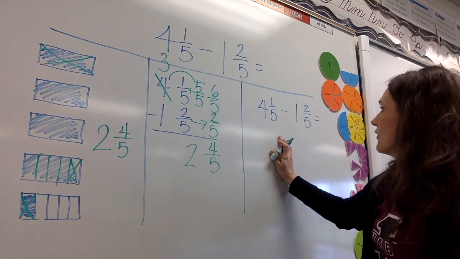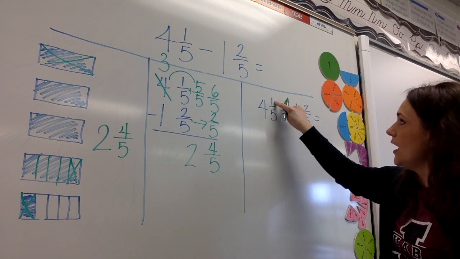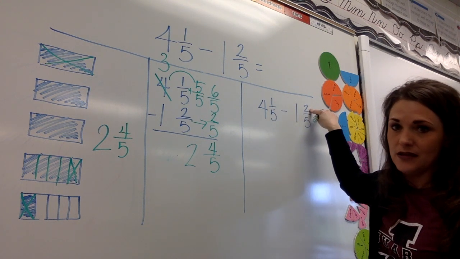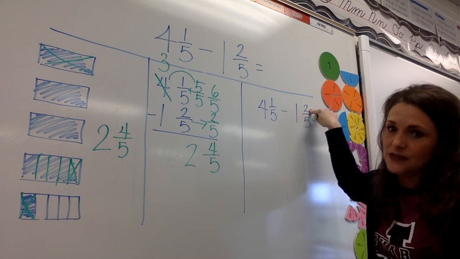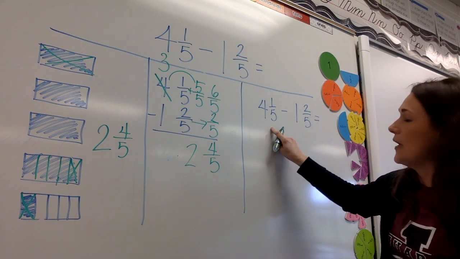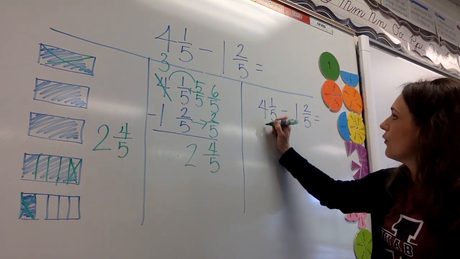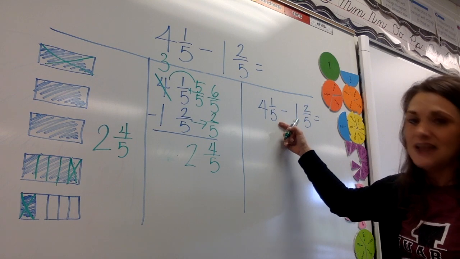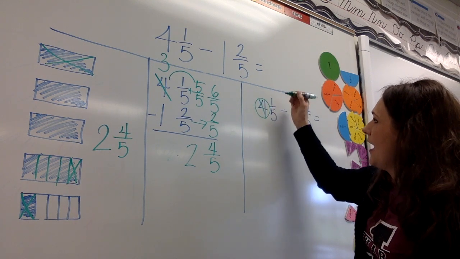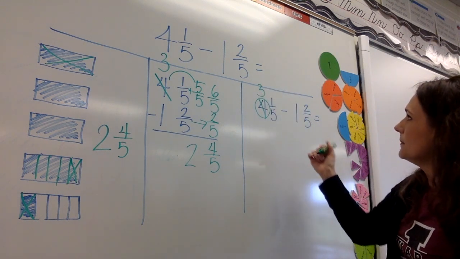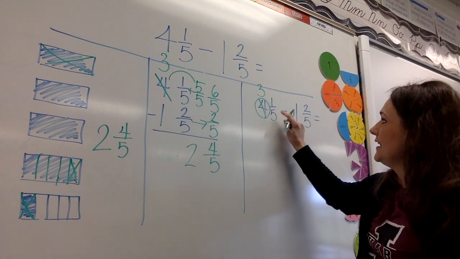Now let's look at this algorithm over here. We still have the same problem. We have 1 and we can't take 2 away from it. So this is where we have to do some of our renaming, and sometimes you have to kind of do a little more of this in your head, but we're going to kind of see how it works out with the picture too. So if I have this 4 and 1/5 piece, it's like I'm having to borrow from this 4 and make it a 3, and I'm taking this whole that I borrowed and I'm adding it to my 1/5.